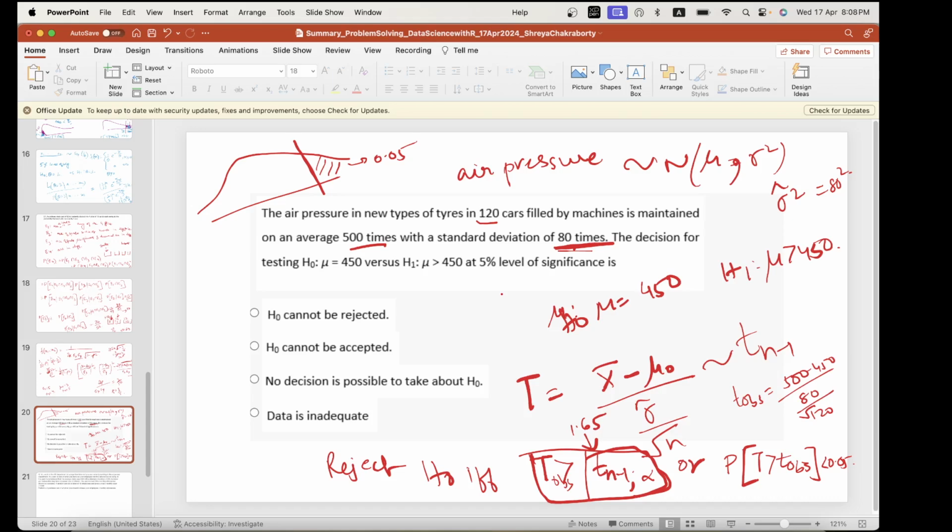So this value is 6.84. T observed is 6.84. Since this is greater than the cutoff point, H naught is rejected. H naught cannot be accepted.